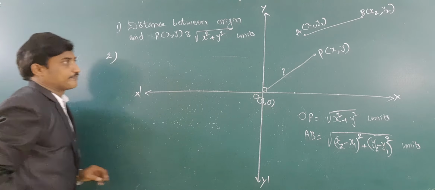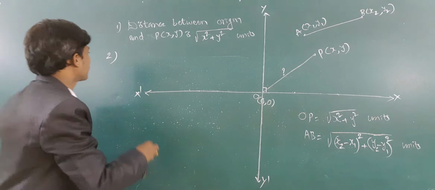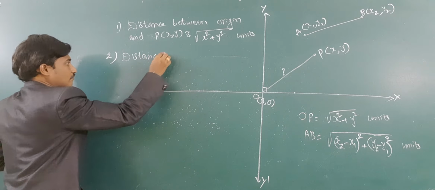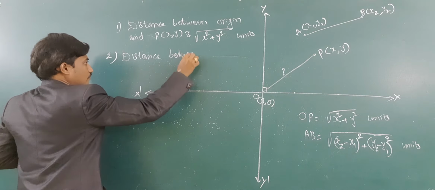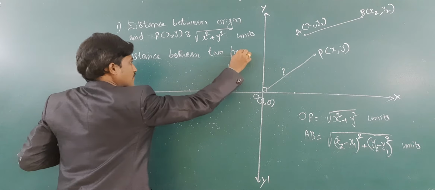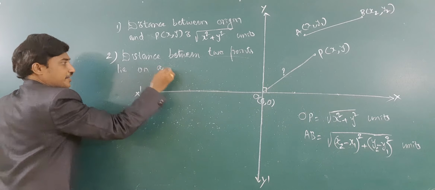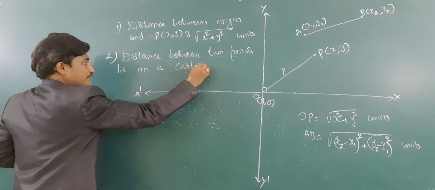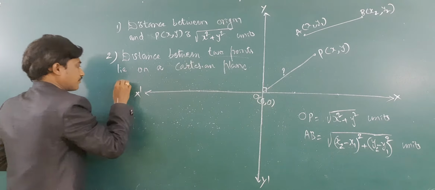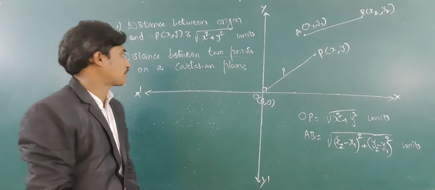Next, the distance between 2 points on a Cartesian plane. The distance between 2 points that lie on a Cartesian plane is root of (x2 minus x1) whole square plus (y2 minus y1) whole square.